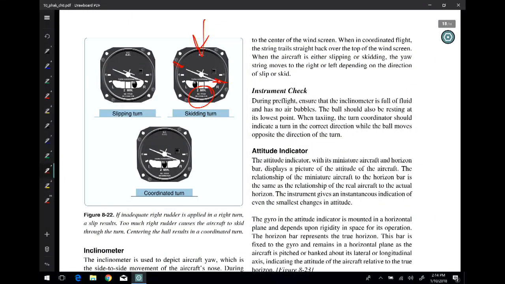How many seconds are there in 2 minutes? Well, that's right, 120. So what that means is this. When you have the aircraft in a coordinated turn, with the wing banked on that line, you are turning at a standard rate of approximately 3 degrees per second, which will give you one complete turn in 2 minutes.